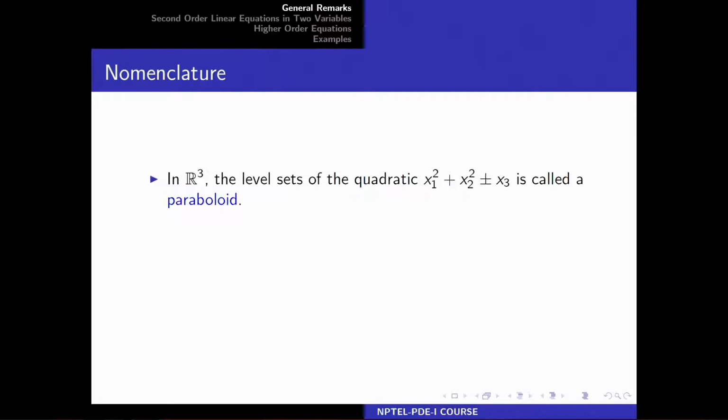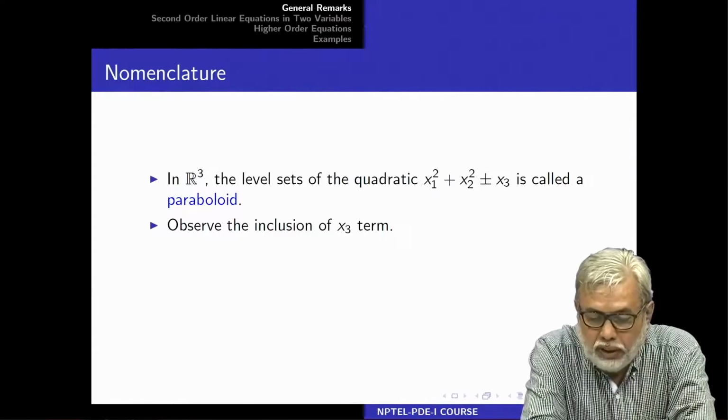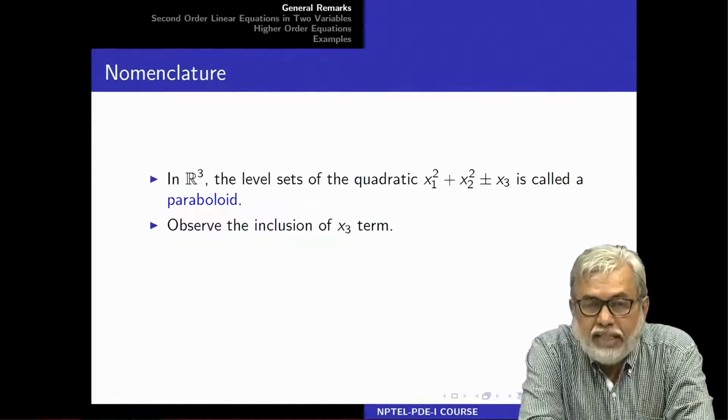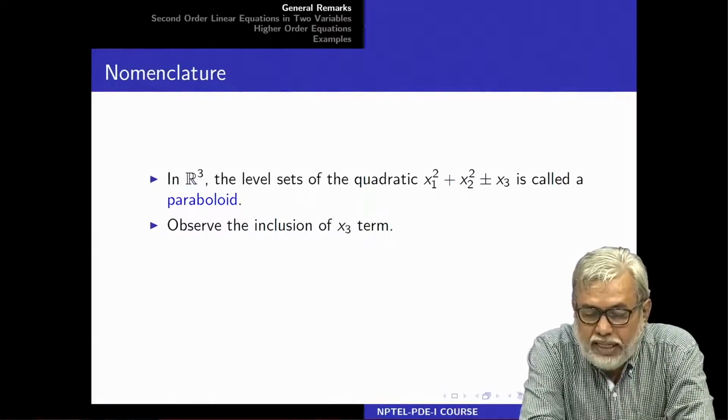This is called a paraboloid in 3 dimensions. You observe the inclusion of the term x 3. It is not a quadratic, but we are also including a lower order term, and that too in the third variable.